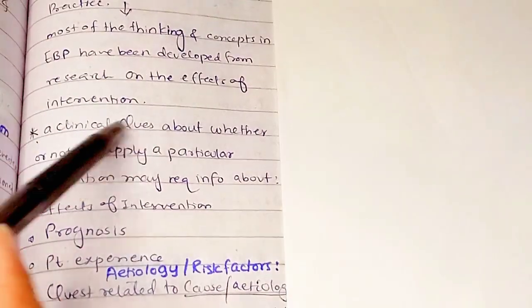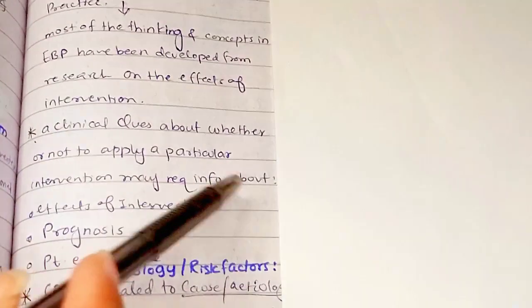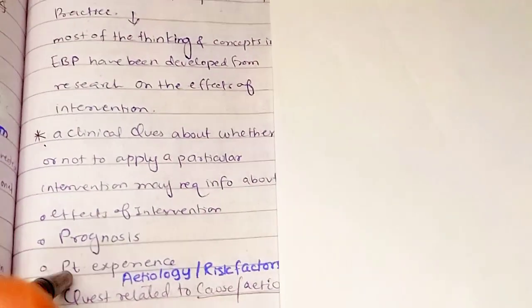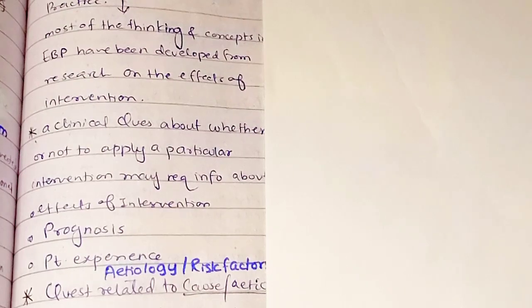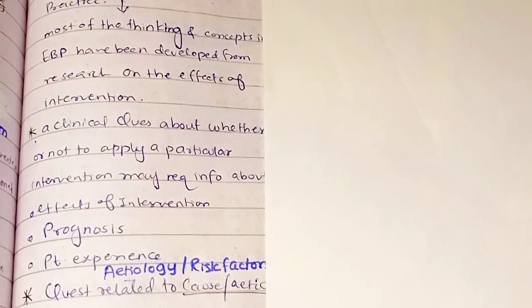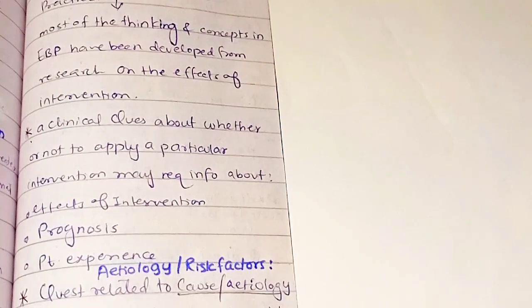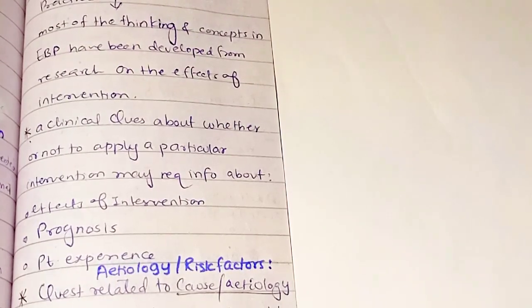Then, a clinical question about whether or not to apply a particular intervention may require information about the effects of intervention, prognosis, and the patient experience. It means that if you are looking for whether you should apply a particular intervention or not, you would also require information about the effects of intervention. For example, if you are willing to know the effects of short wave on the frozen shoulder, you would first of all look for the effects of that short wave.